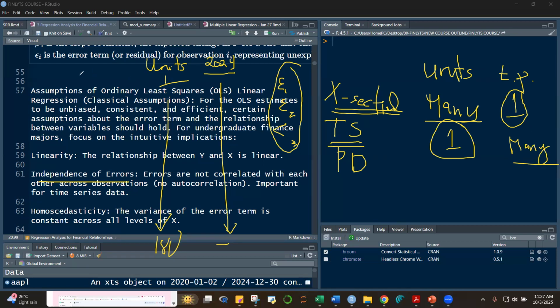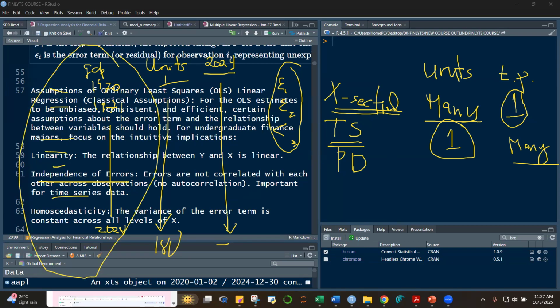So let's say the measure of GDP from 1970, 1971, etc., up to 2024. And this is all Philippines. This type of data is called time series data.